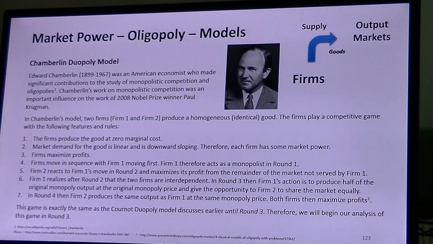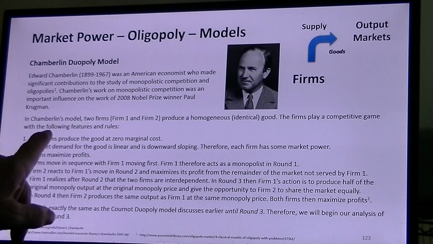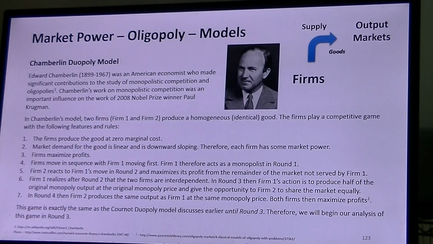The Chamberlain model is similar to the Cournot duopoly model in that the two firms produce the good at zero marginal cost. The market demand for the good is linear and downward sloping, the same. So each firm has some market power. The firms maximize profits, exactly the same. The firms move in sequence, with firm 1 moving first. Firm 1 therefore acts as a monopolist in round 1.